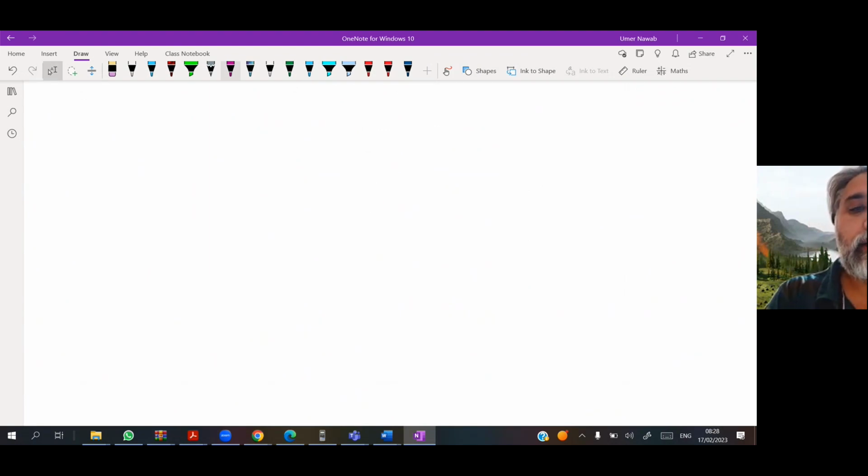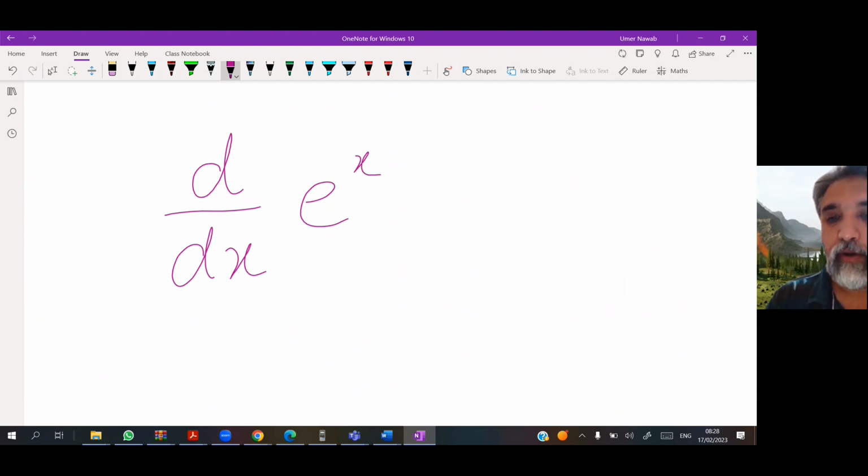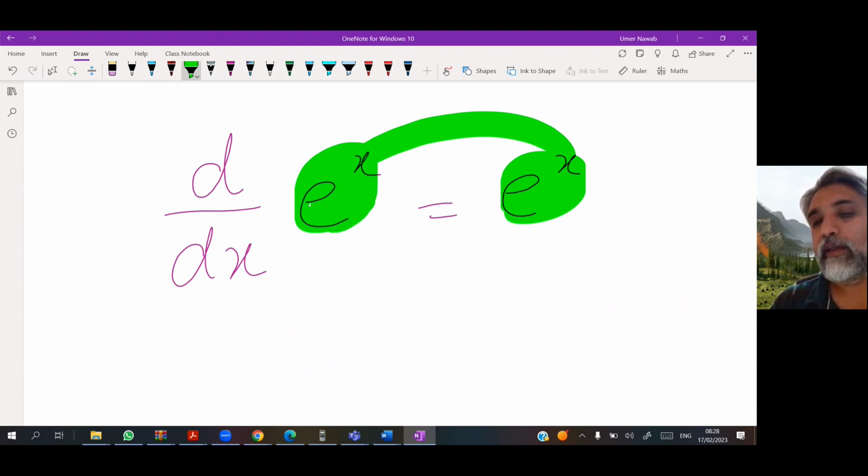But before I start, I just want to ask you, sorry, I wrote an integration sign, the derivative d over dx of e^x. You all remember the derivative of e raised to power x is the same thing. Whatever you see, you just copy it as it is. This is the derivative of the exponential function.